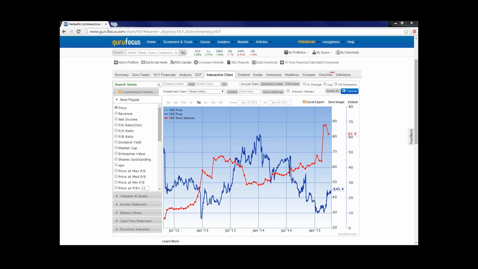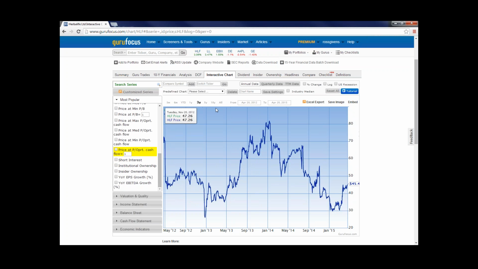So Rod's asking about the price at median, price over sales, etc. As we saw earlier, let me take the short interest off, and let's go back to, say, an Apple type of stock. There's lots of good data there.